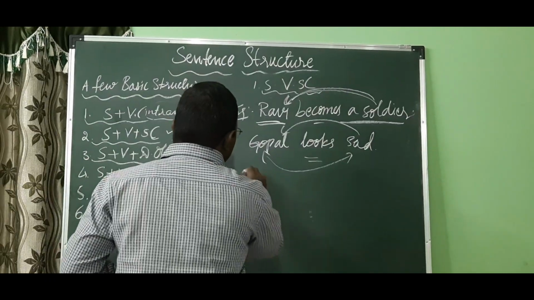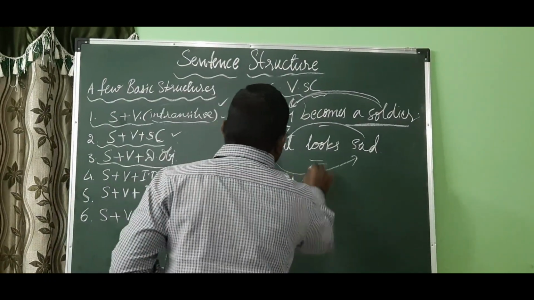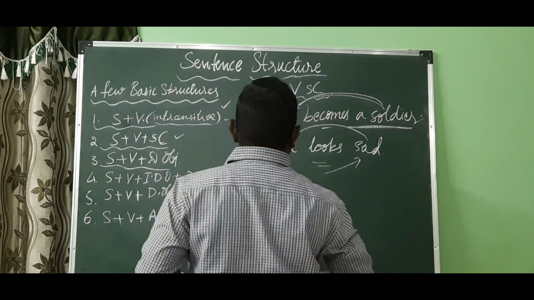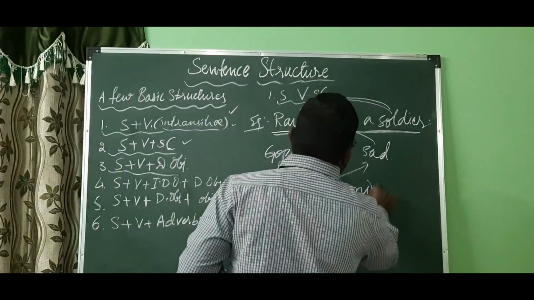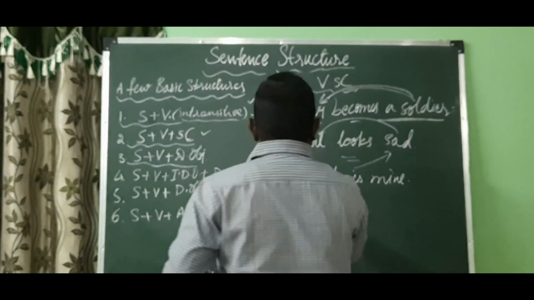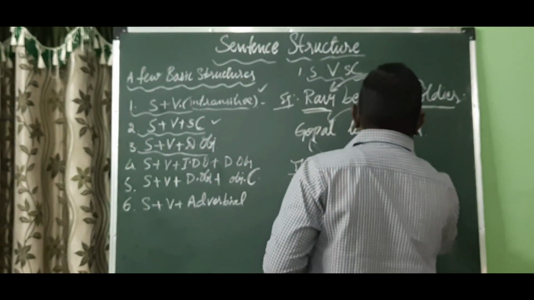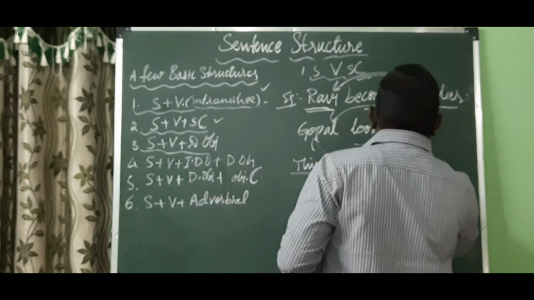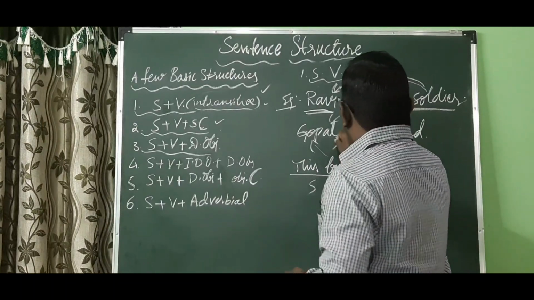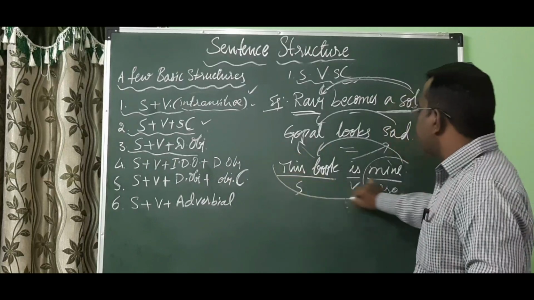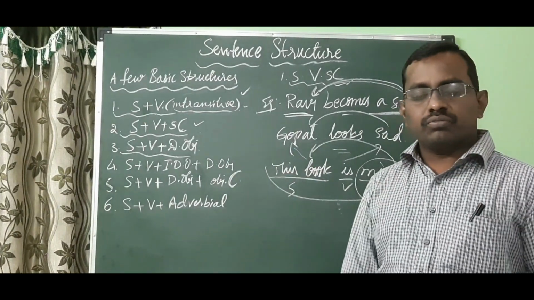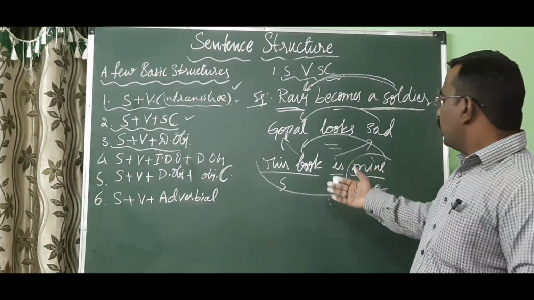Another sentence: This book is mine. This book is the subject, is is the verb, mine is a pronoun. It acts as a complement, adds meaning to this book and completes the meaning of the subject.